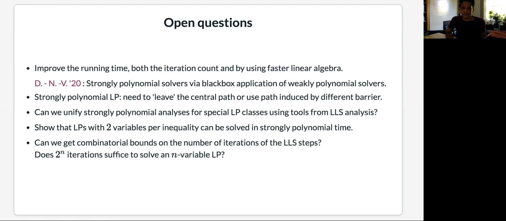And then another question would be, can we show that the number of iterations is bounded exponentially in n, if we don't get the polynomial bound, of course. So anything that would not depend on chi bar, but really just the dimension of the problem.